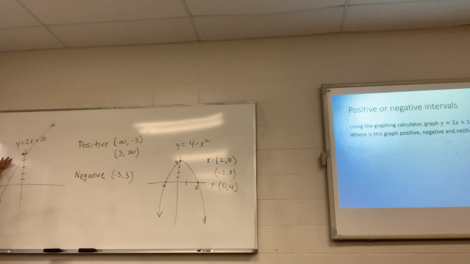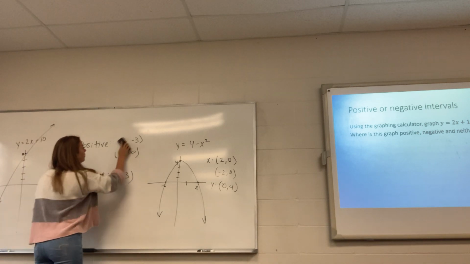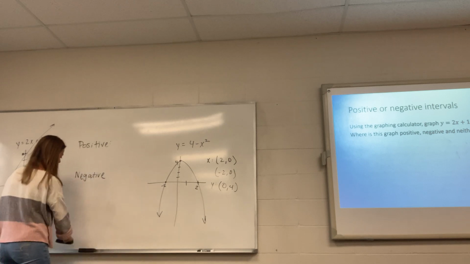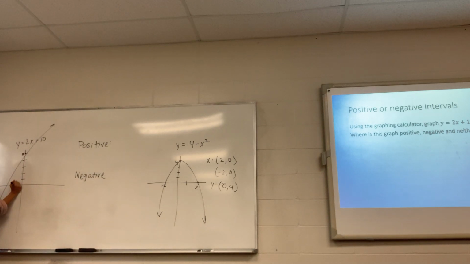Yeah, the stuff up there, because positive is everything above my x-axis. Negative is everything below. First of all, let's figure out what this point right here is. Where is my x-intercept? 5. Positive 5? -5. Negative 5. Yeah, so my x-intercept is at -5.